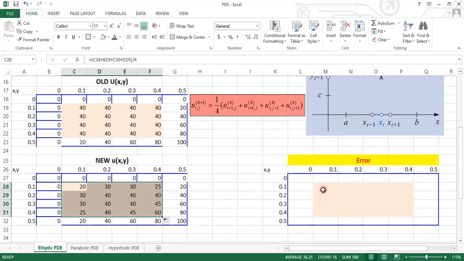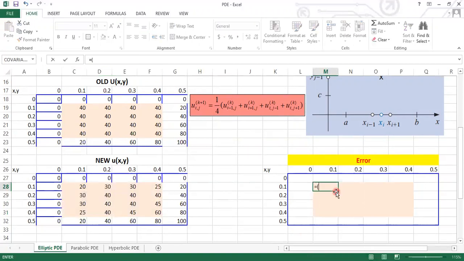We can also calculate the error. The error value should be equal to the difference between the corresponding value of u in the current iteration and the previous iteration. So let me write here the absolute value: the value uij in the new iteration minus the value in the previous iteration.